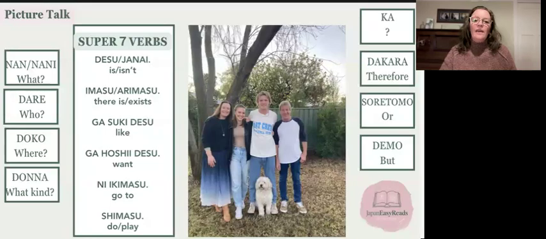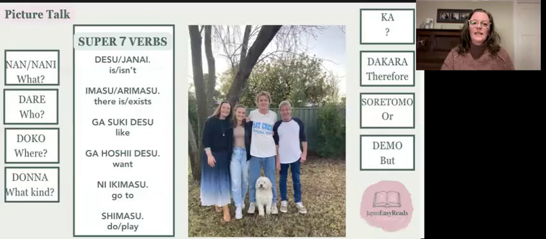So picture talk, I have done some demos on picture talk with different pictures. I recently listened to a great podcast episode with Dr. Diane Neubauer and Dr. Reed Riggs, and they were talking about picture talk and how it really does serve as a rich source of comprehensible input, and it really does help to facilitate language acquisition through a visual context.